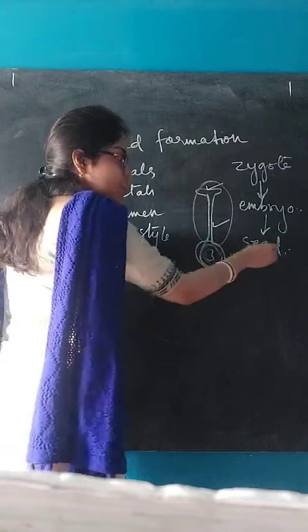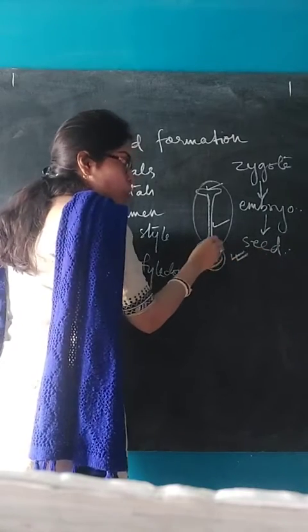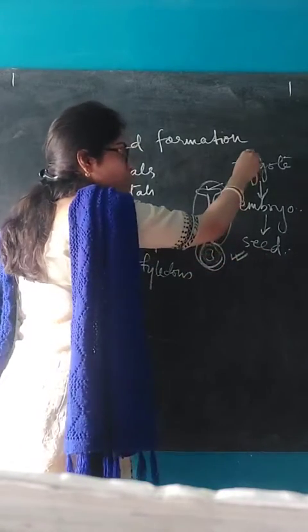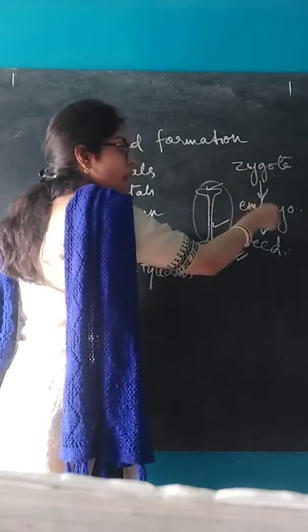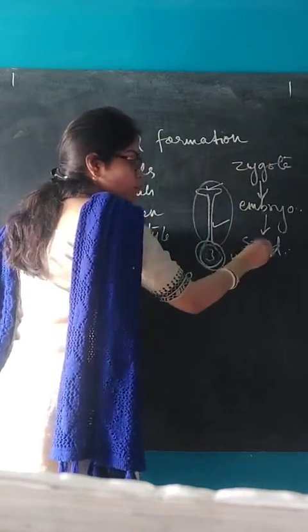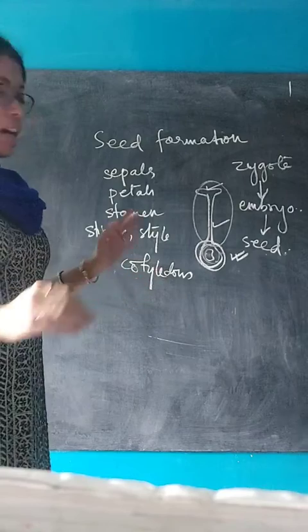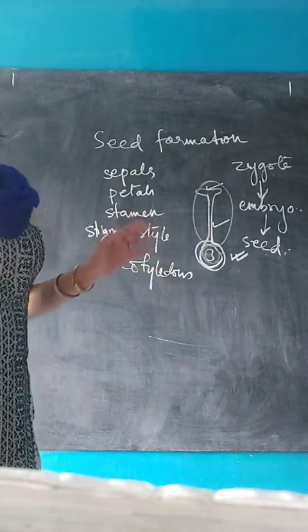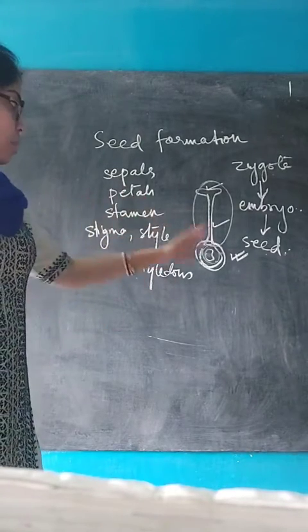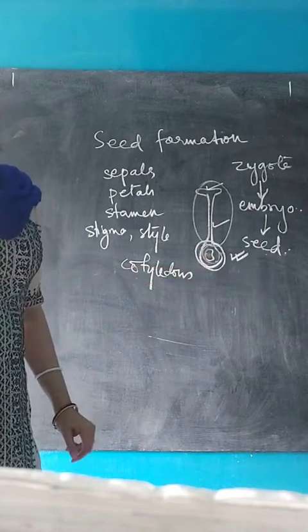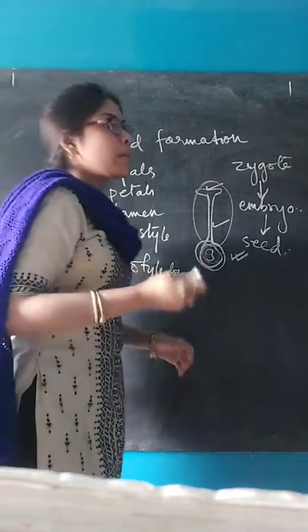From the ovule, when it gets fertilized, it forms the zygote, and from the zygote after cell division the embryo, and further development of the embryo forms the seed.